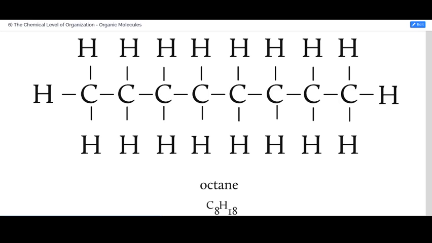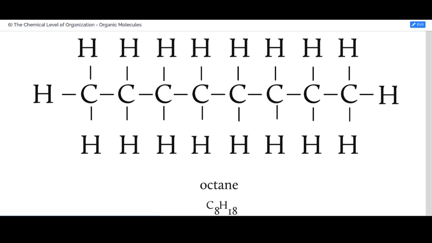Now, what I've drawn here, the ethane and the octane molecules, are this sort of laborious representation, drawing every C for the carbon atoms and every H for the hydrogen atoms. The lines represent a covalent bond between them, a pair of electrons that's shared.